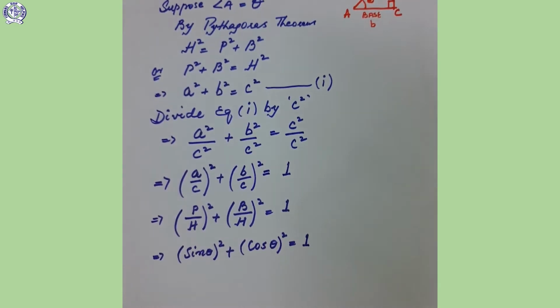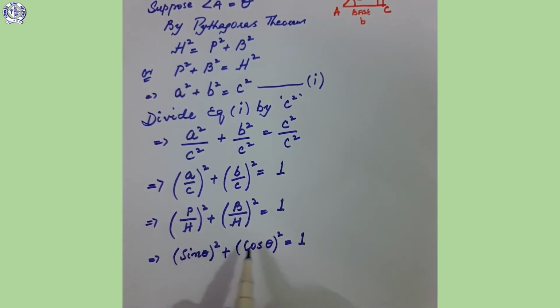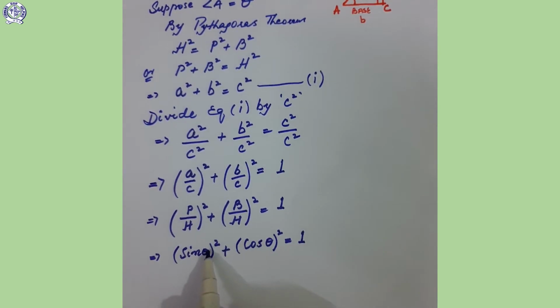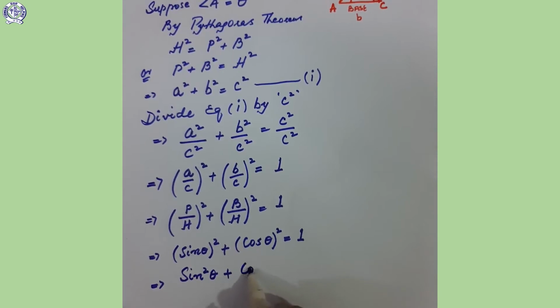And when we open the bracket, we write square on sine and cos. We don't write square on theta. So sine square theta plus cos square theta equals to 1. So this is the first identity.